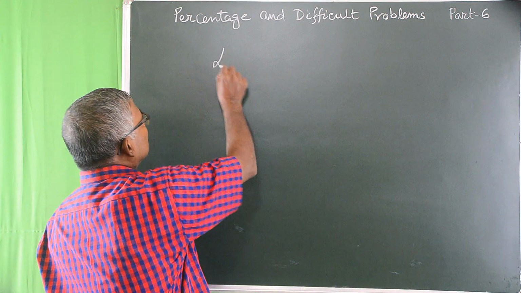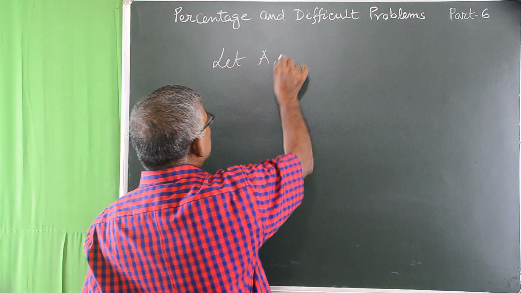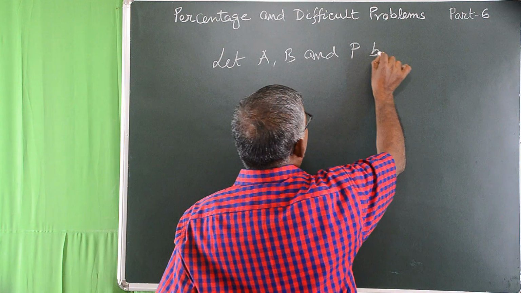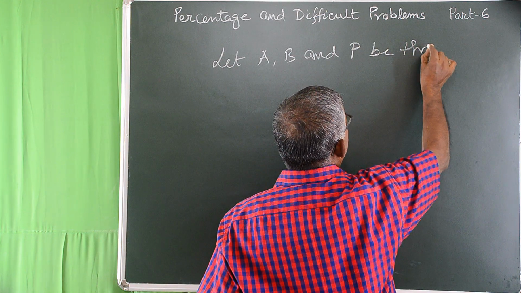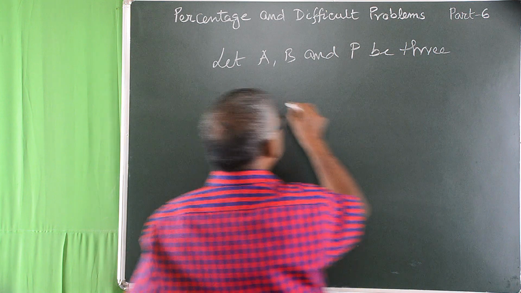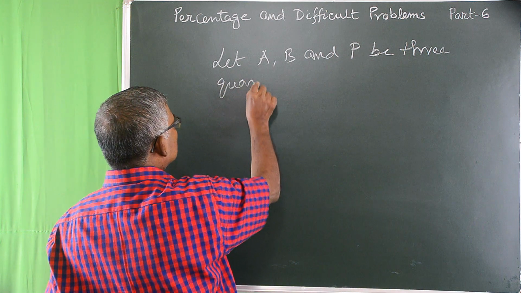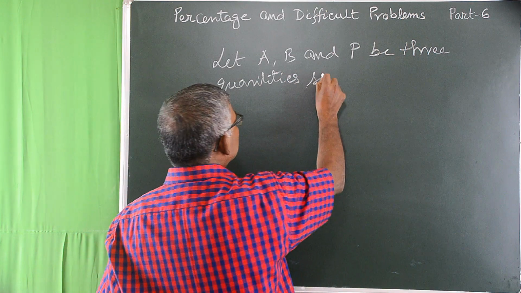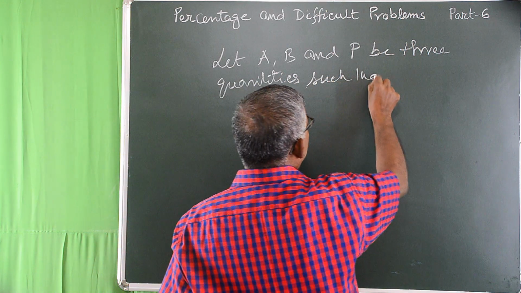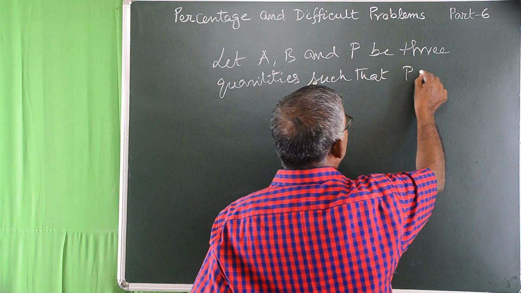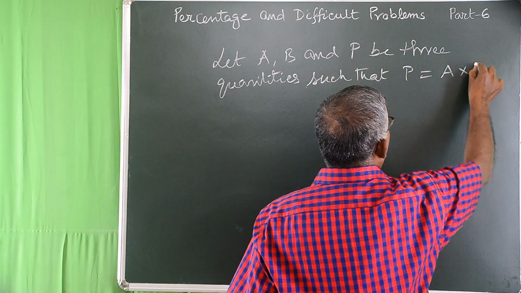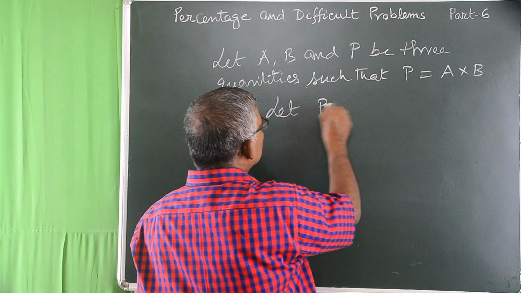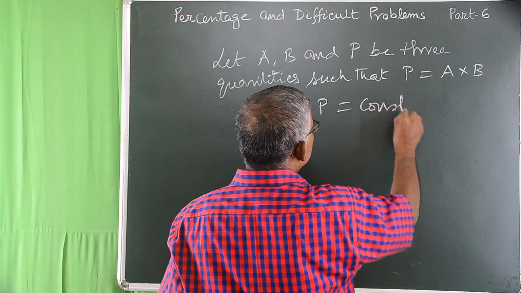Let A, B and P be three quantities such that P equal to A into B. Let us consider P equal to constant.